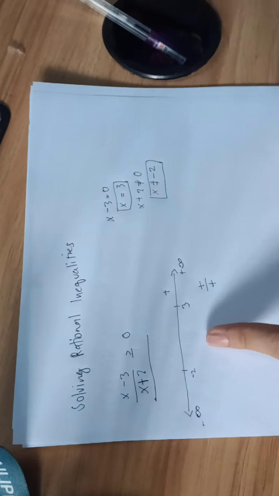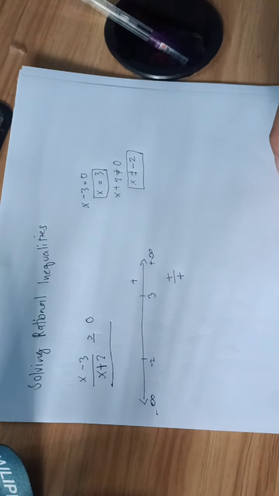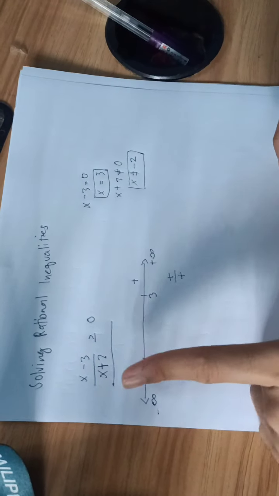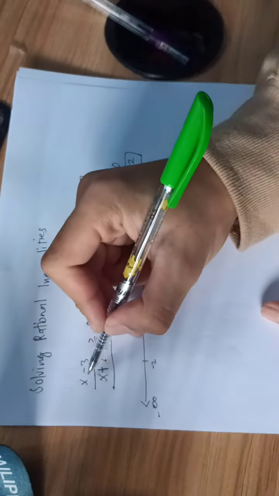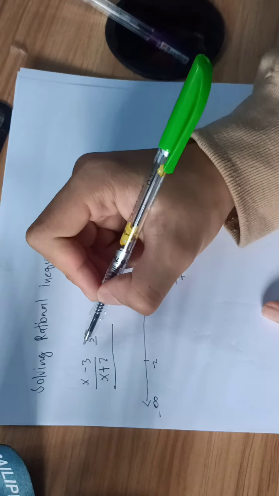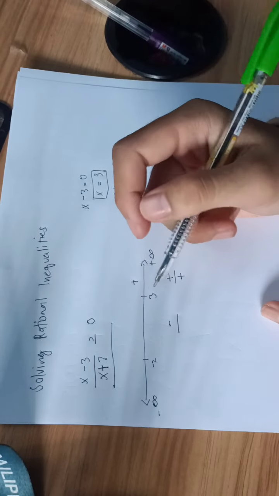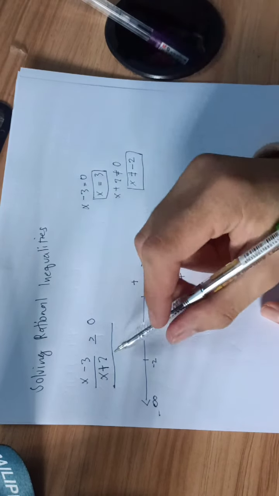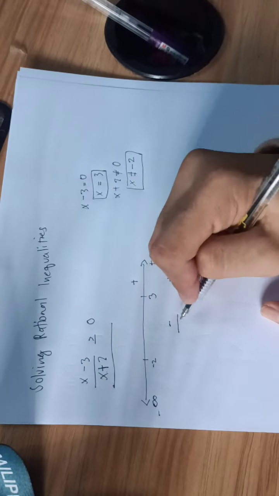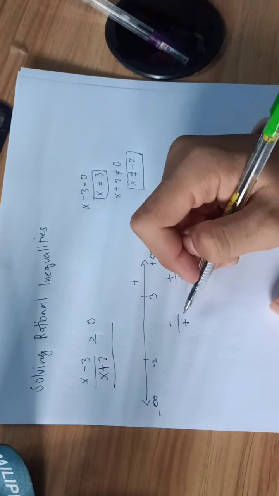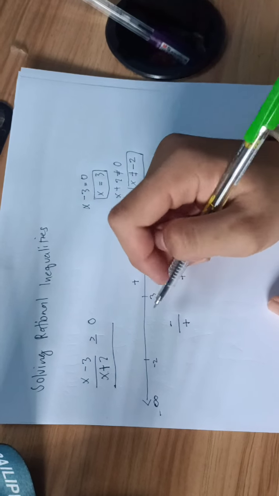Then between negative 2 and 3, let's say 0. 0 minus 3 is negative, and 0 plus 2 is positive. If we divide these two, it becomes negative.